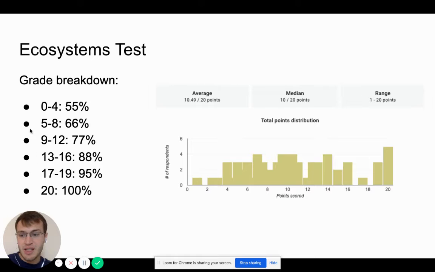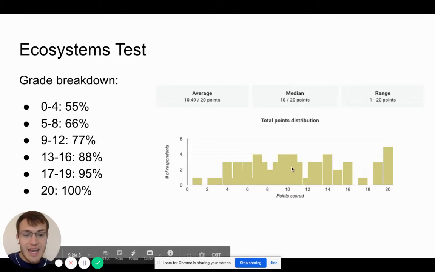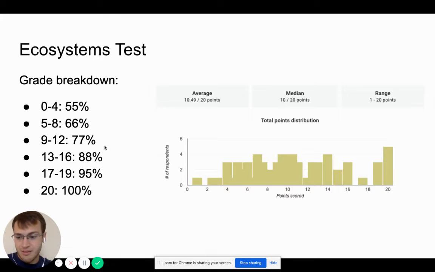For example, a 10 out of 20 is not 77%, that would be 50%, but on Student Backpack it's going to be a 77%. These numbers just say relatively how much of a master you are of this content, how much of an expert you are, right? Because we're mostly in here, I think we have some room to improve. We always have room to improve.